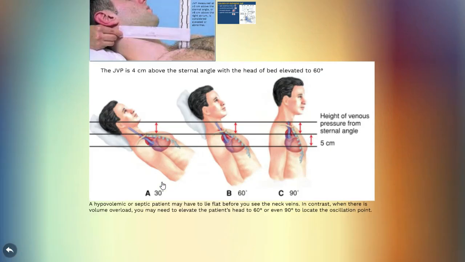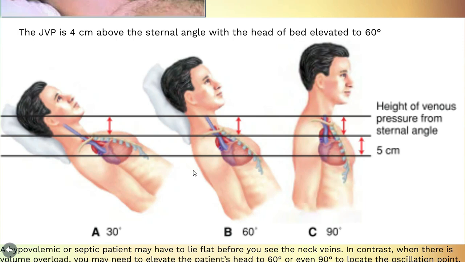At times, if the patient is hypervolemic or congested, you need to adjust the angulation of the bed. If the patient is hypovolemic or septic, you have to advise the patient to lie flat more. If you cannot see the jugular vein, just say that the jugular venous pressure is not noted.